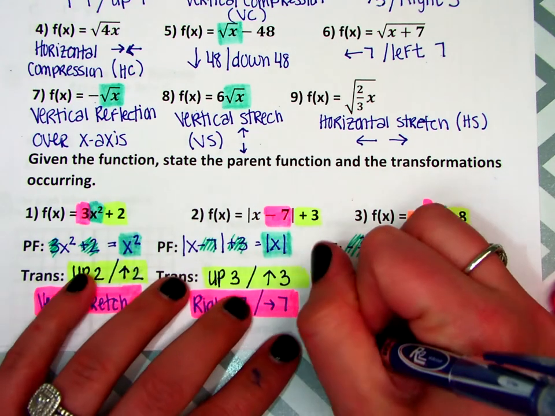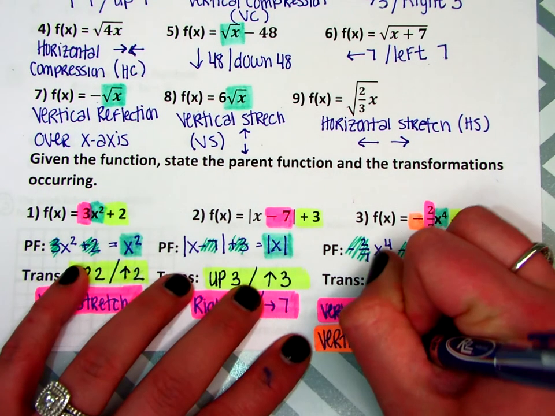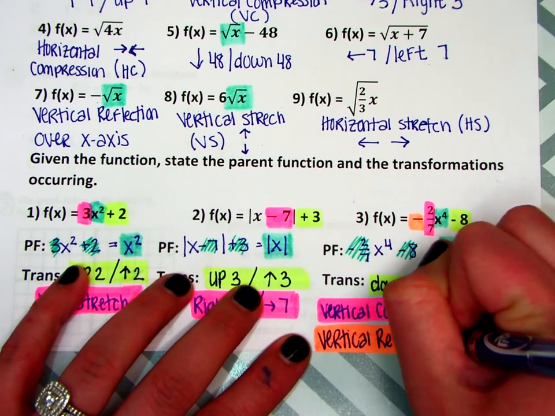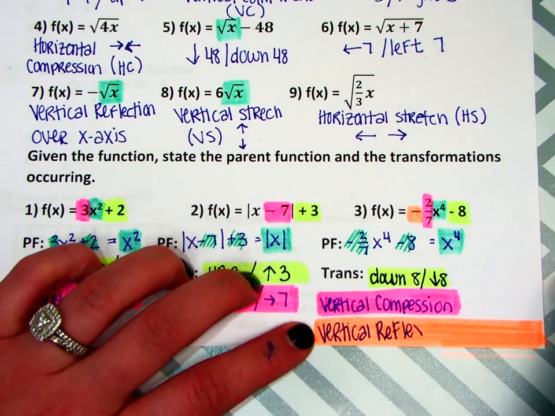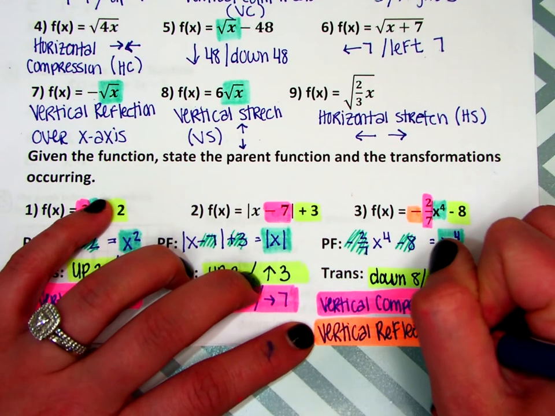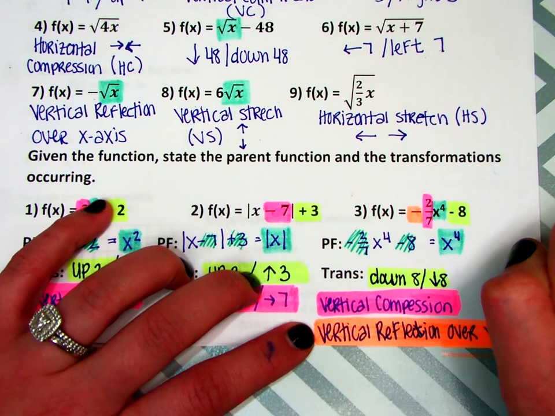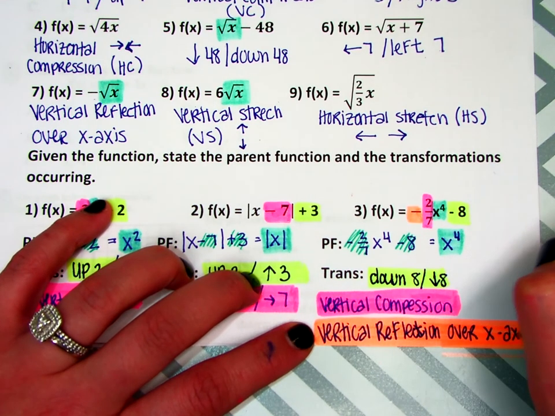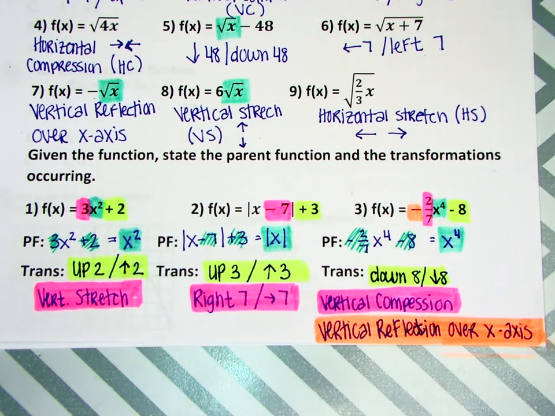Okay, so vertical. Oh, I misspelled reflection. There. Vertical reflection over x-axis. All right. Struggled just a little bit, but we finished.